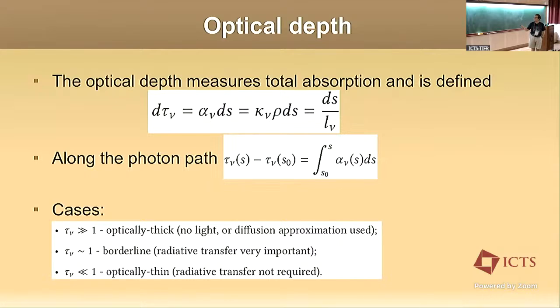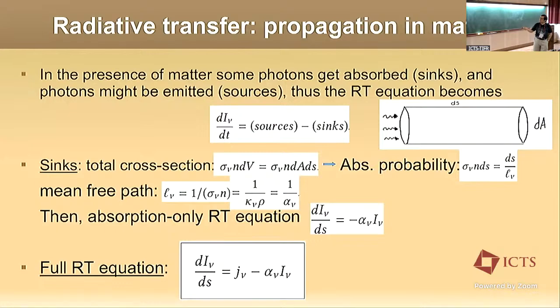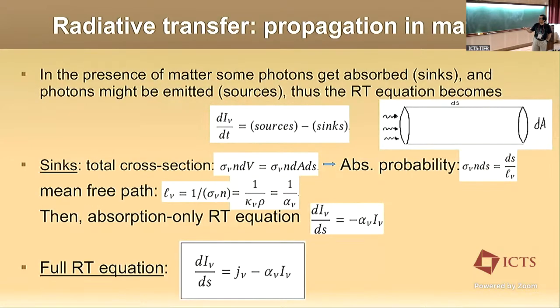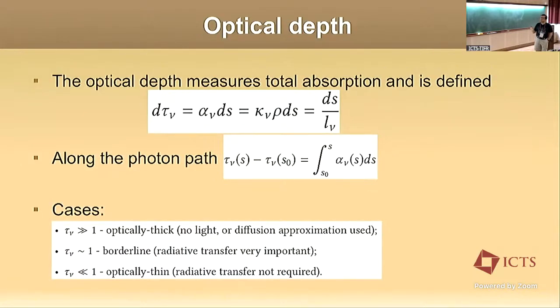If you remember from before, the absorption coefficient is 1 over the mean free path. Mean free path is length, so it's 1 over length. So when you multiply the two, you obviously get a dimensionless number.